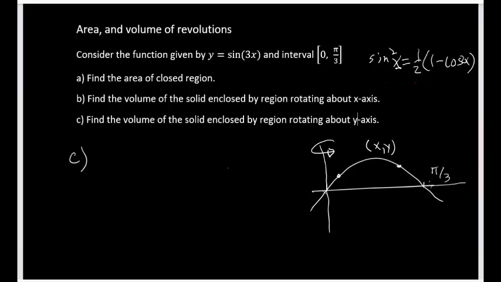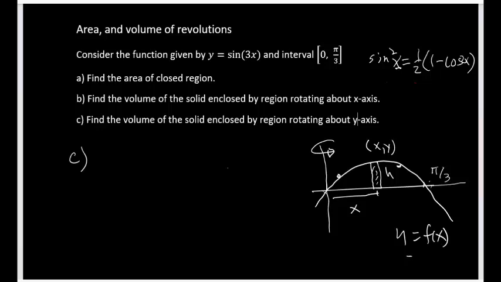And what it is, the cylinder will rotate about the y-axis. So we take something like this one here and say that this length from here to here is x, and the height here is h, and you know h is nothing but the function f of x. So in our case, which is sine 3x. That's my h.